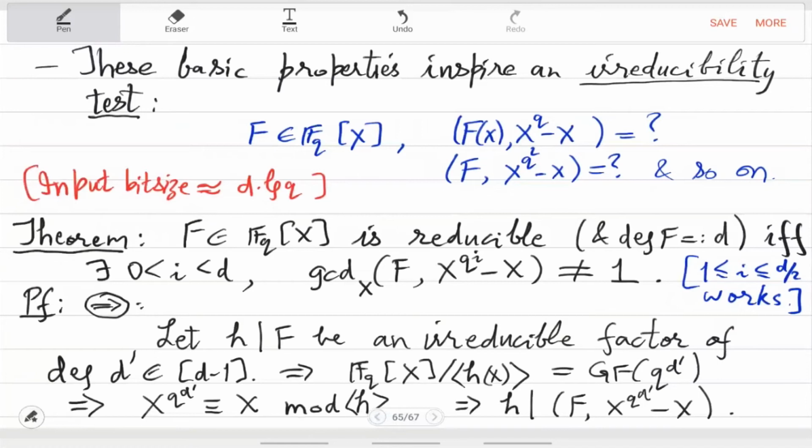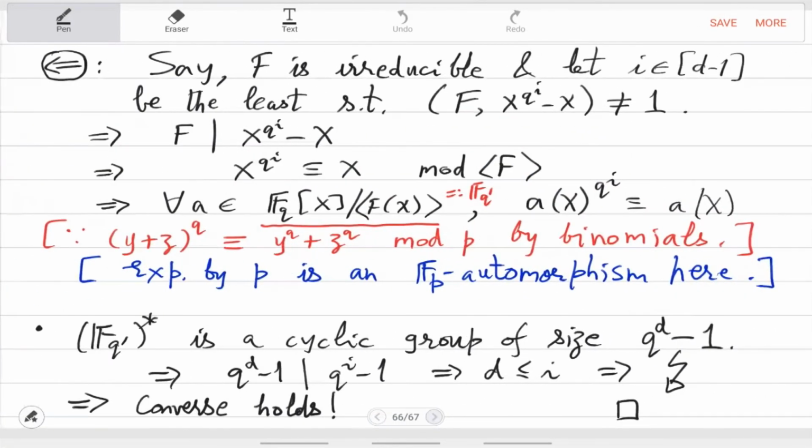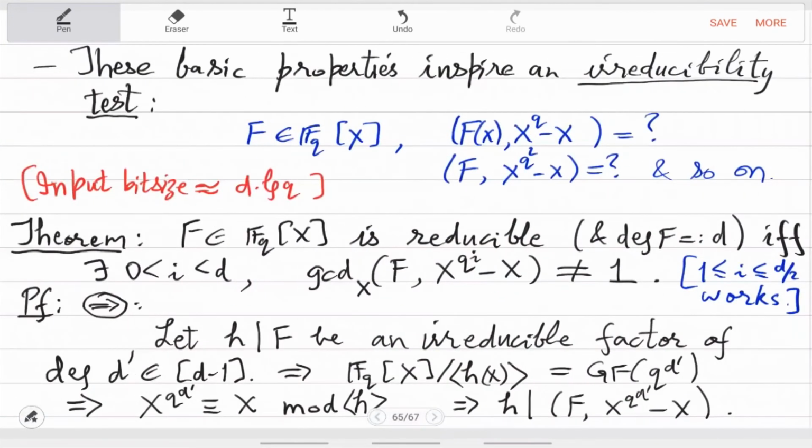In particular, if there is an irreducible factor h of degree d prime, what are the i's which will work, where you will see GCD not 1?